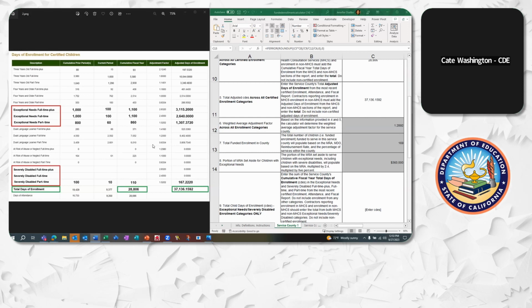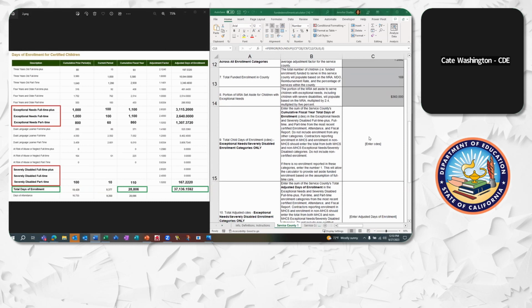Beginning with cell C15, we will need to enter the unadjusted days of enrollment. Unlike what we entered earlier, this will only be the portion of enrollment being reported in the exceptional needs and severely disabled categories. Let's take a look again at the example report we used earlier. In the exceptional needs categories, this agency is reporting 1,100 full-time plus days of enrollment, 1,100 full-time, and 860 part-time to date, and that is the cumulative fiscal year.